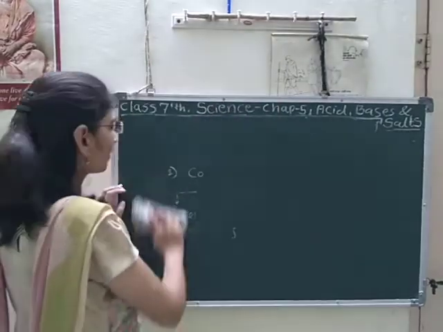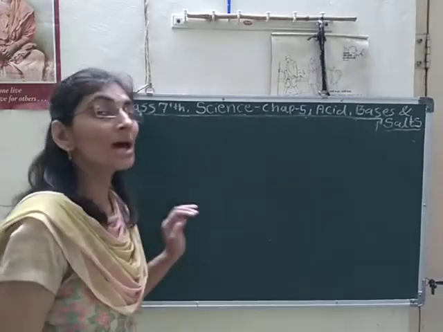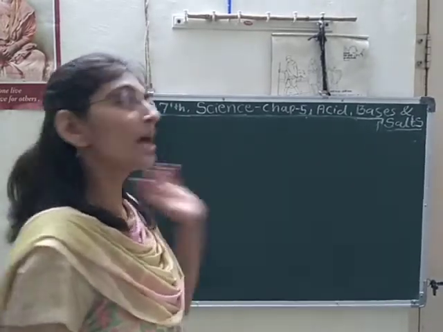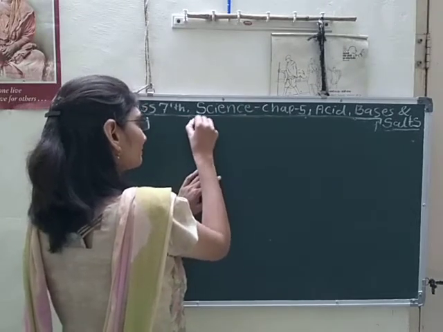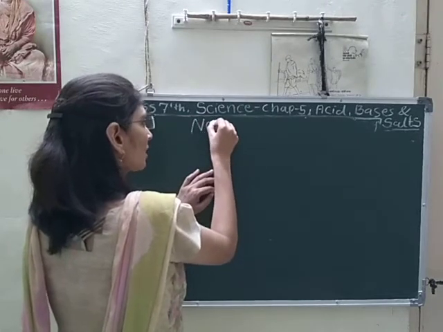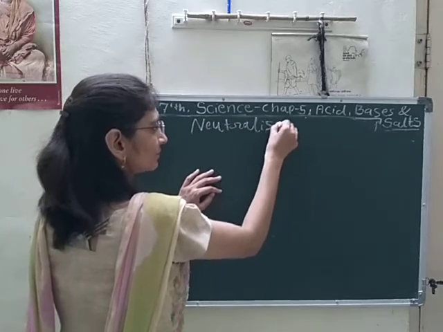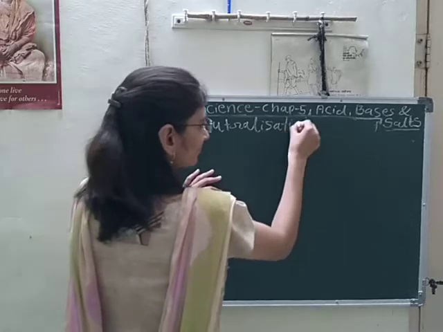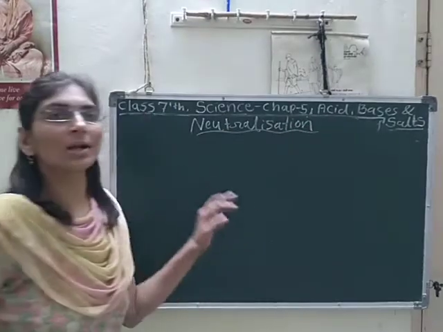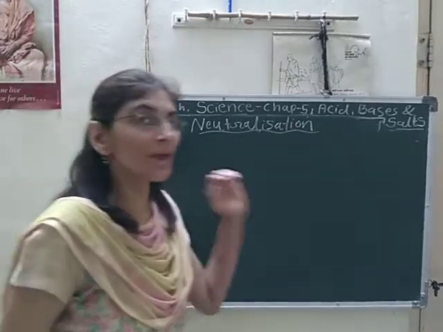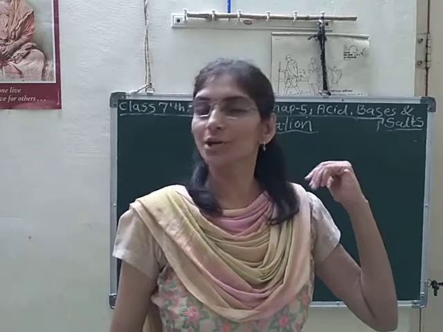What is meant by neutral? As I mentioned before also, neutral means to cancel out each other's effect. So, we will see neutralization. Through the neutralization of acid and base, we will get salt, water and evolution of heat.